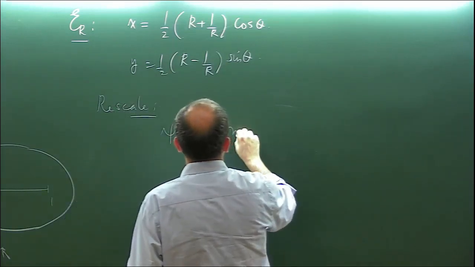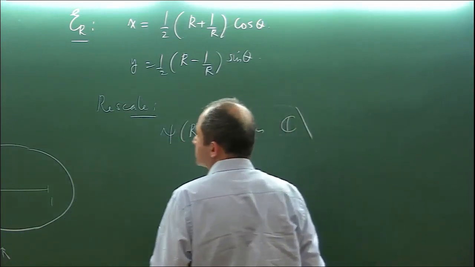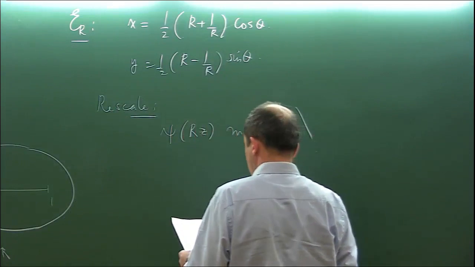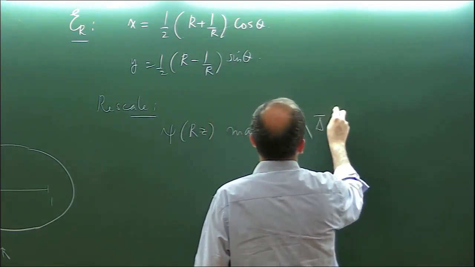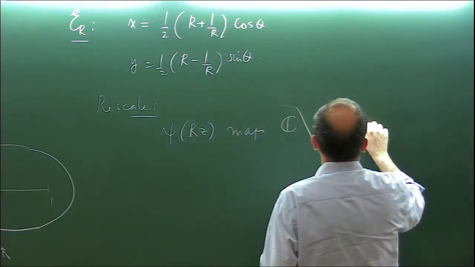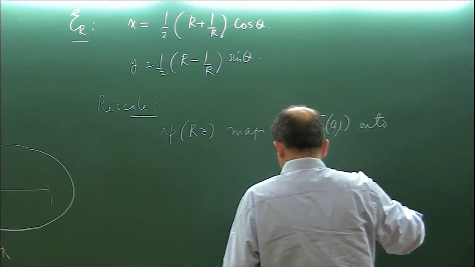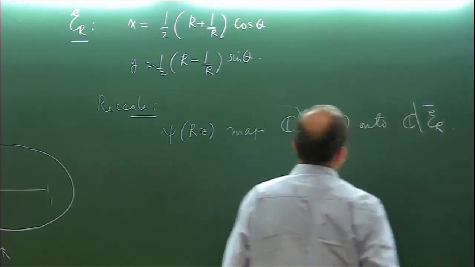This maps C minus the closed unit disk conformally onto C minus the closure of this E_r.